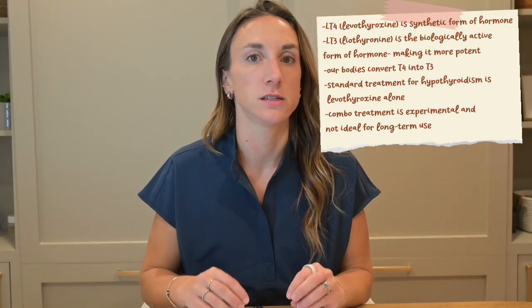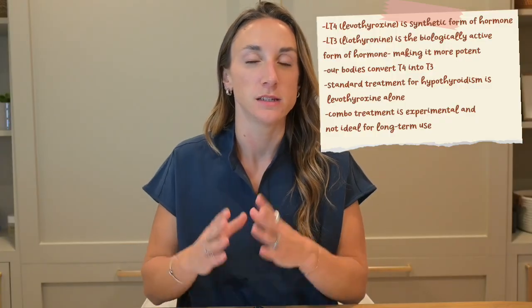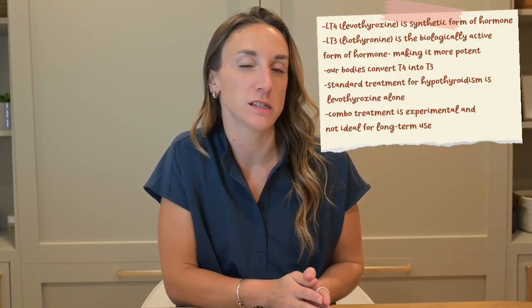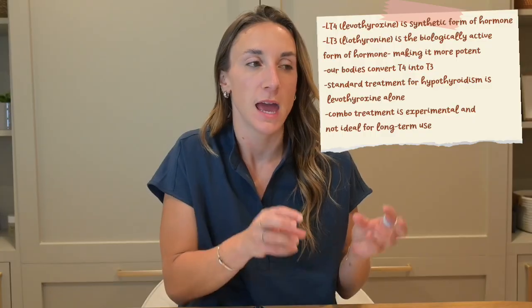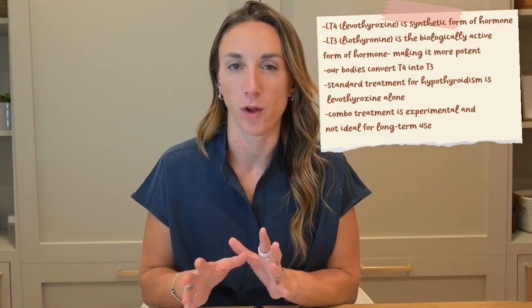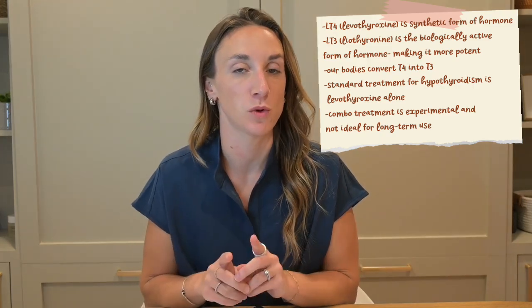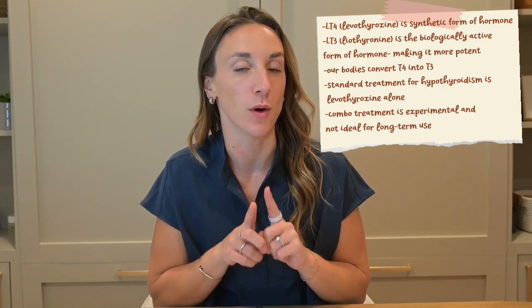A common LT3 medication is liothyronine, and what you would do is titrate down on their levothyroxine by about 25 micrograms and add in a low dose of that liothyronine. Anywhere from 2.5 to 7.5 milligrams a day, and the patient would be on those 2 combo meds.